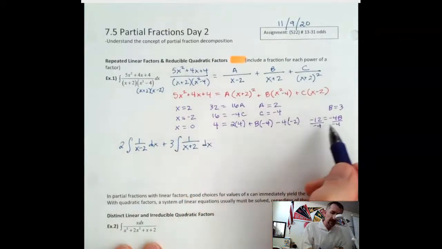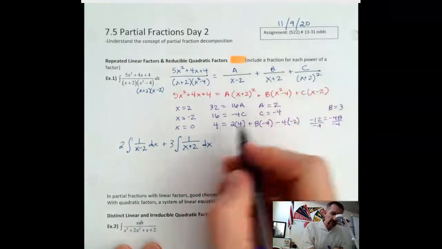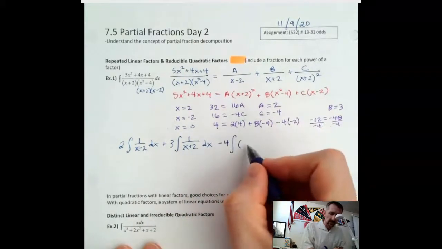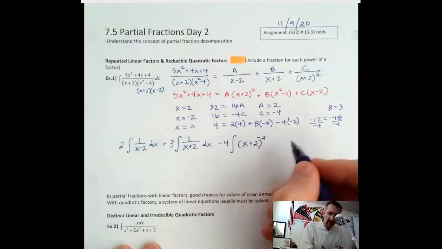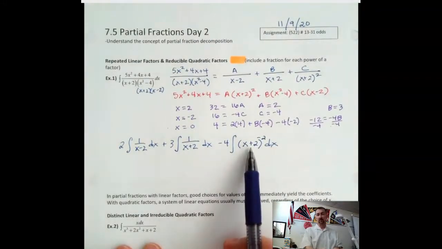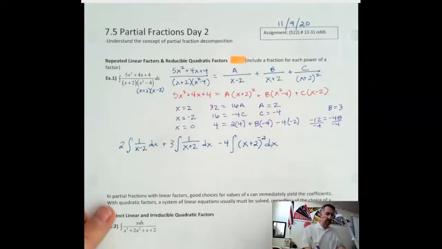And then down here, C was negative 4, and similarly to the one we had at the end of our last notes, I'm going to actually put this to the negative 2 power, and then just use the rule there, because with a u substitution, du equals dx, so I can just do it like it is right there.